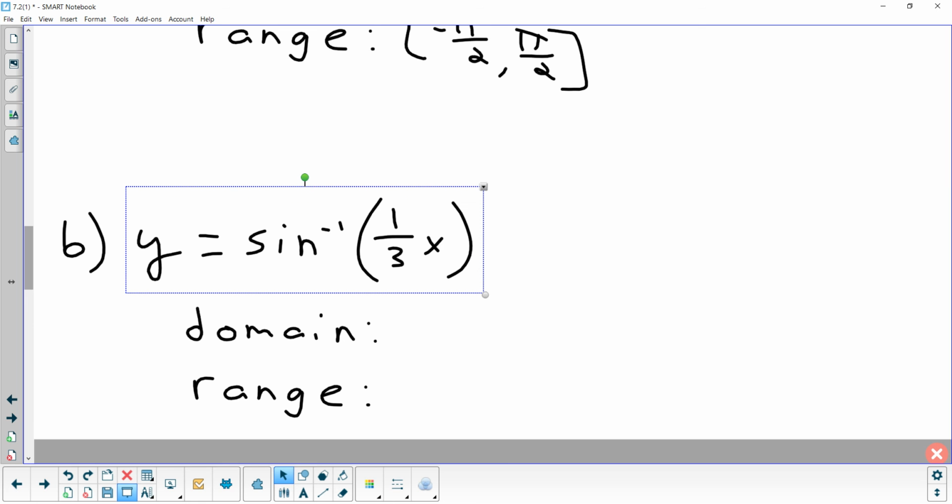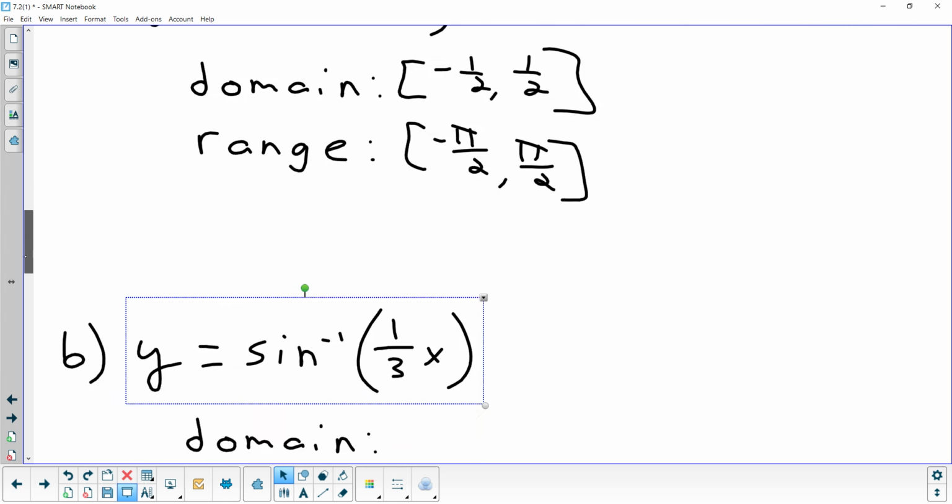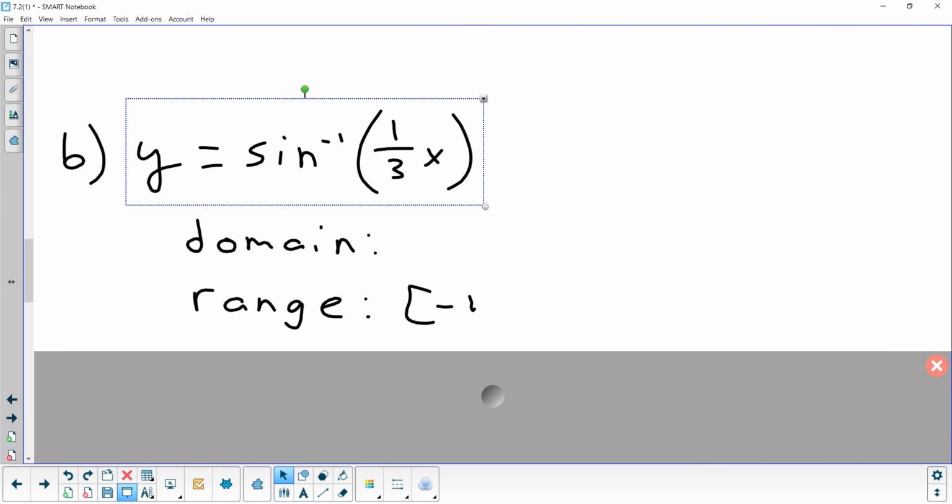One-third. We're mixing two ways of describing it. We could either describe it one way and say 1/3, or describe it using the word you said, which was stretch, but then we have to say it a little different. Chris? Stretch by a factor of 3. That's a stretch by a factor of 3. Yep, that's the simplest way to say it. So whatever happens here, something should be getting 3 times as big. And it's the domain, because the range is not being changed. It's the same as the last type of transformation. So range is still negative pi over 2 to pi over 2.